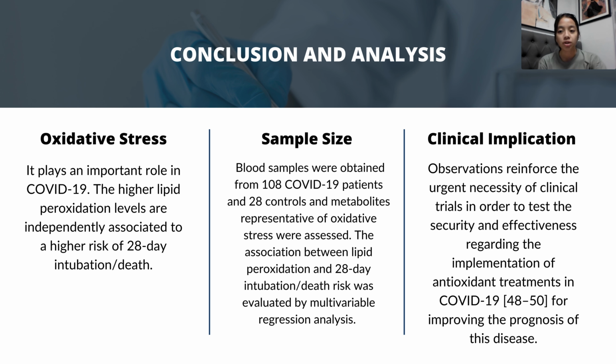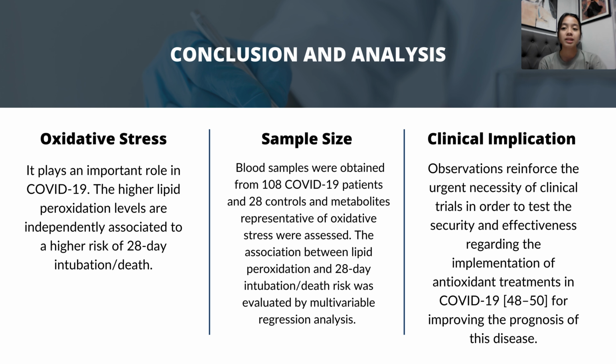With this information, contribution to the development of prognostic markers or therapeutic strategies for COVID 19 patients may be one of its strengths. The study utilizes a comprehensive approach by evaluating various aspects of oxidative stress, including antioxidant enzymes, overall antioxidant capacity, and oxidative cell damage.